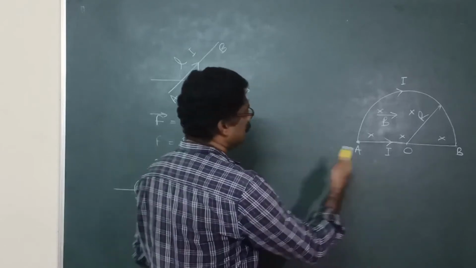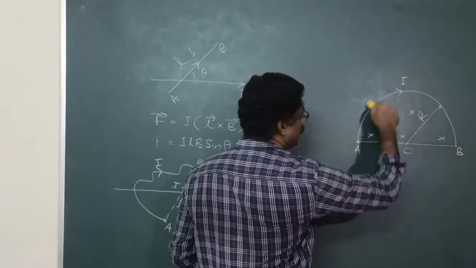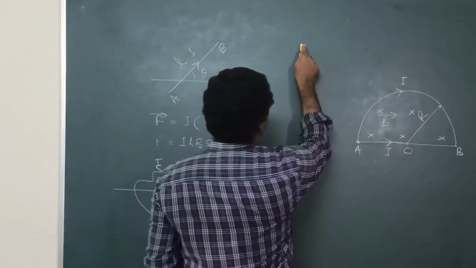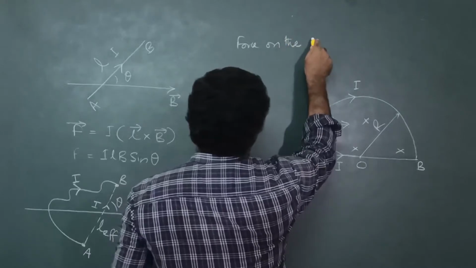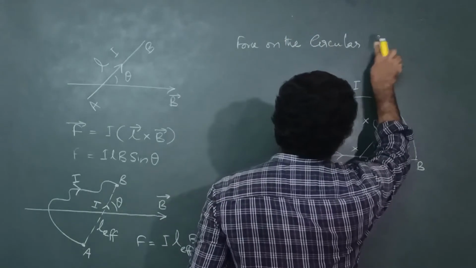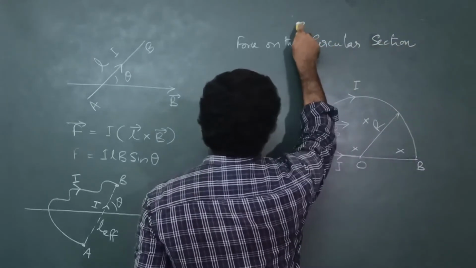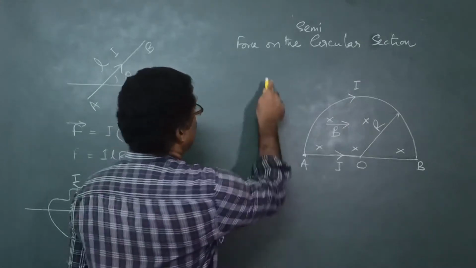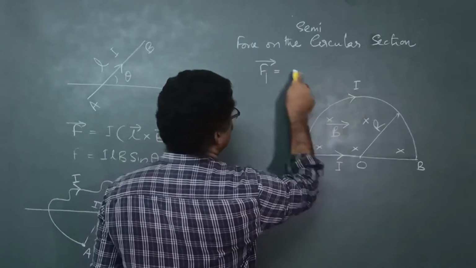First you find out the force on this circular, curved section. So the first point is, what is the force on the circular section? Here it is a semicircular section, and you can take that force as F1 vector, and the current is I.